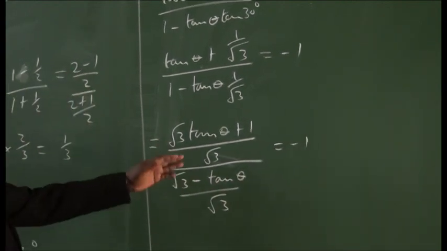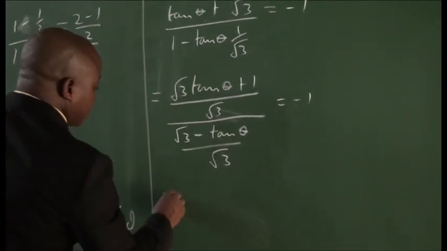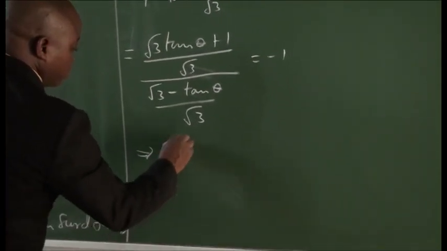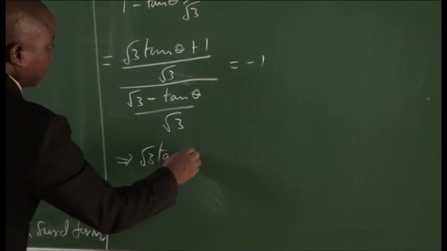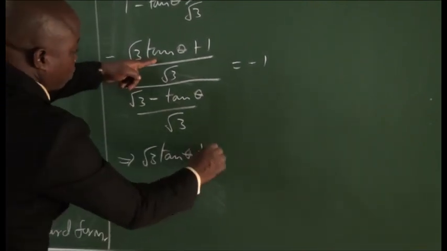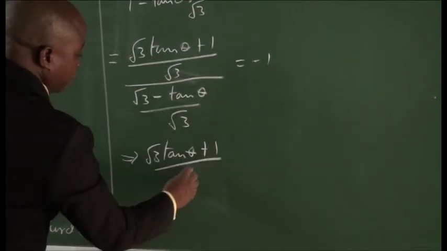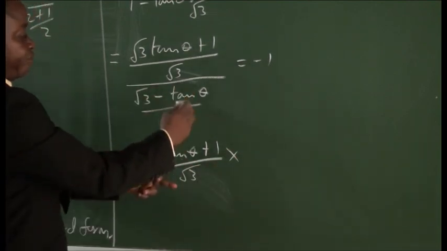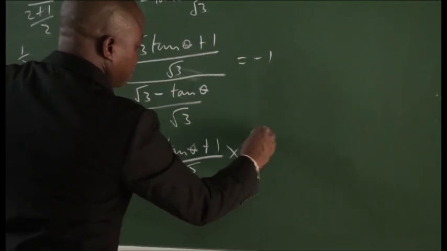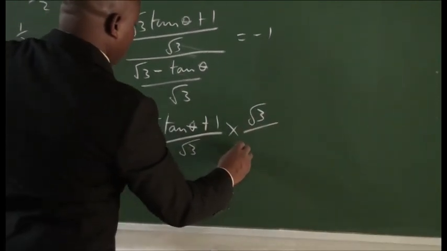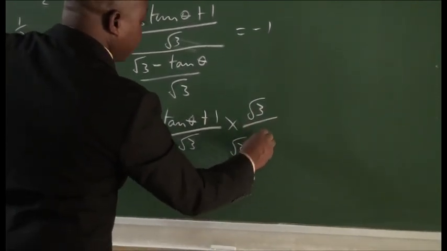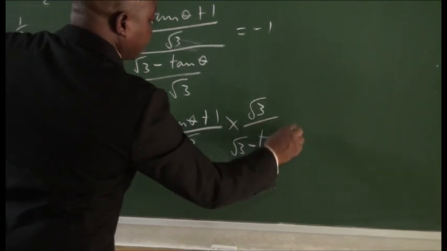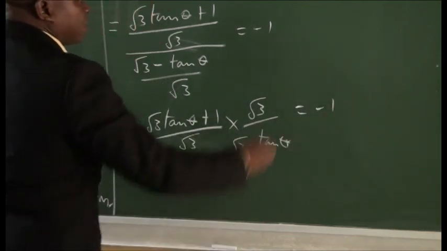That means we can write this as root 3 tan theta plus 1 over root 3, times, here we will invert it, root 3 over root 3 minus tan theta, equals minus 1.